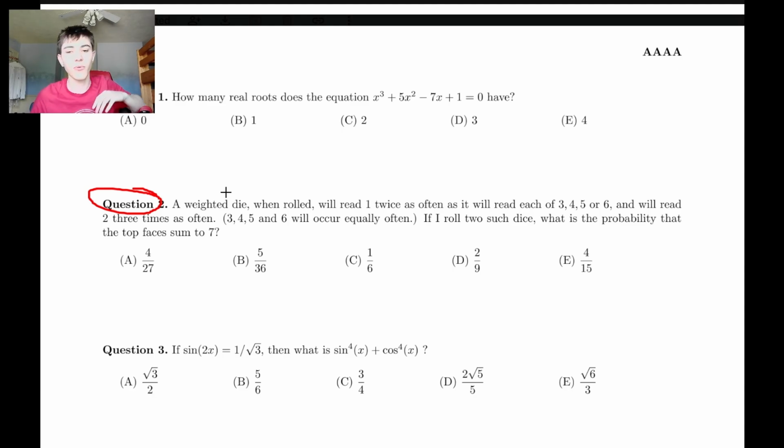Okay, so since we're looking for the sum of rolls, one thing you may have heard of before is something called generating functions, which is how I would do this problem.